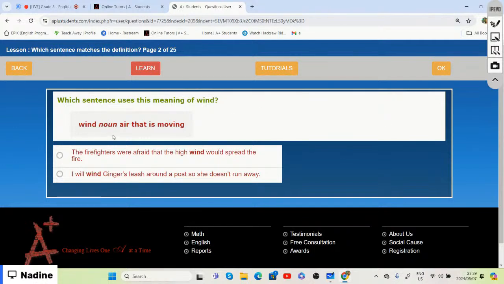Now we have wind. Wind is a noun and it is air that is moving. It says the firefighters were afraid that the high wind could spread the fire.